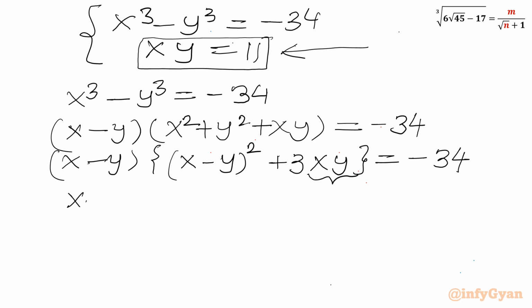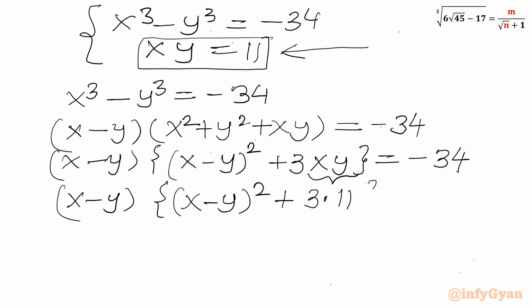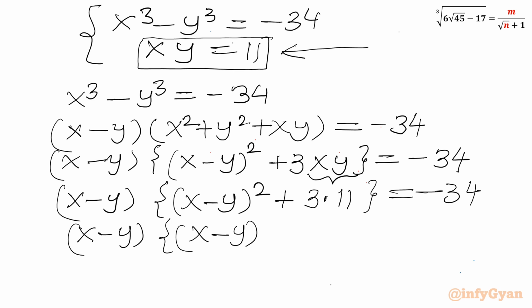So I can write x minus y whole square plus 3 times 11 equal to negative 34, or x minus y times x minus y whole square plus 33 equal to negative 34.